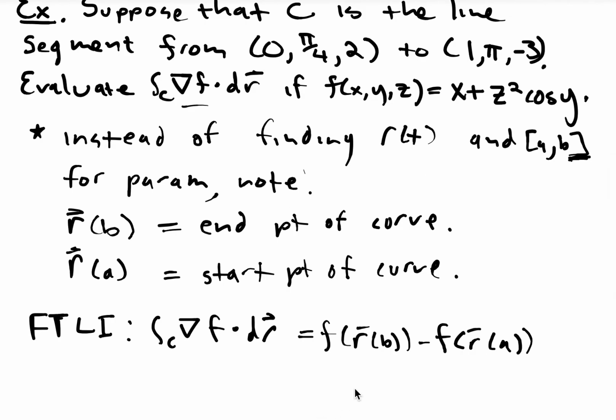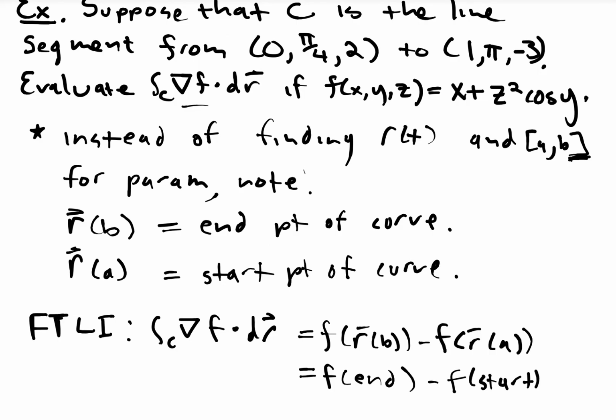Before, I gave you explicitly a parameterization and an interval. Here you could find that if you wanted to, or we could make the observation that this is just f of end minus f of start.